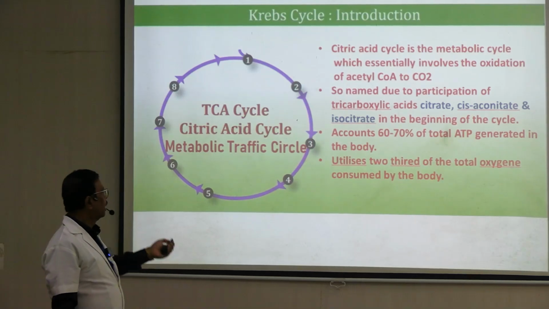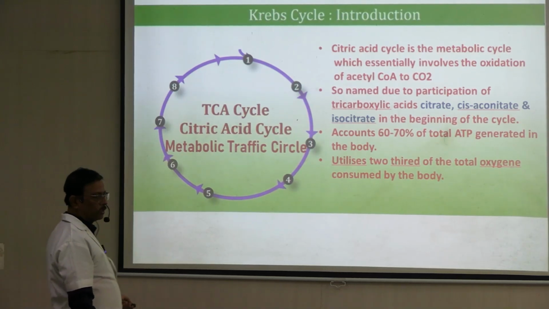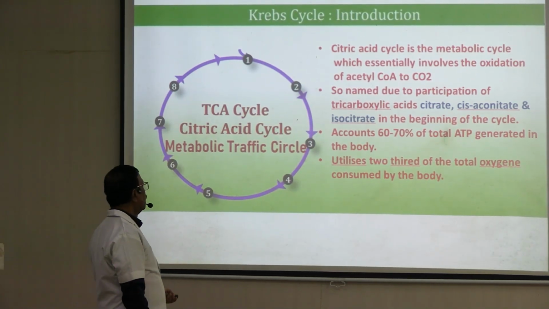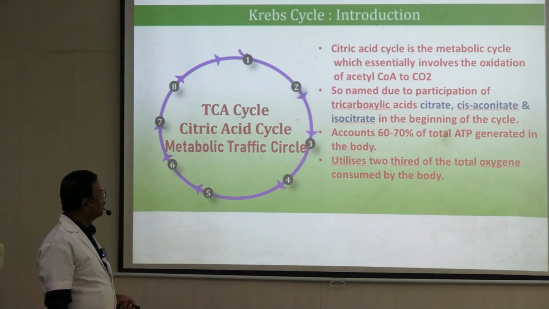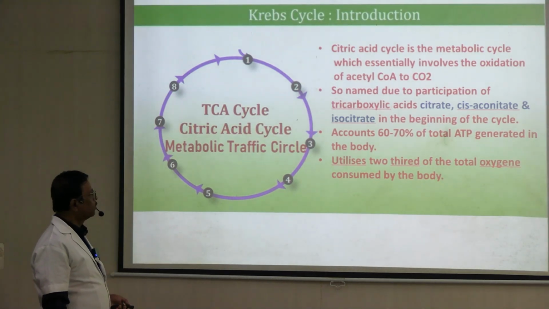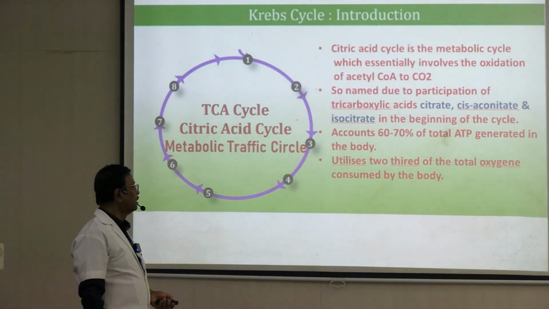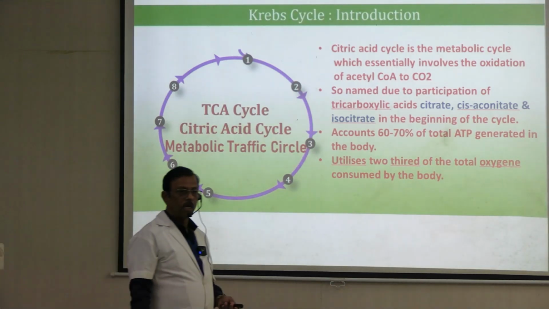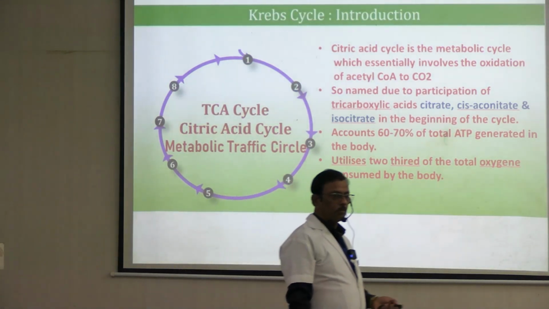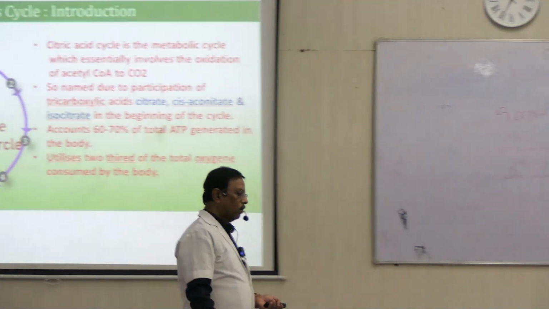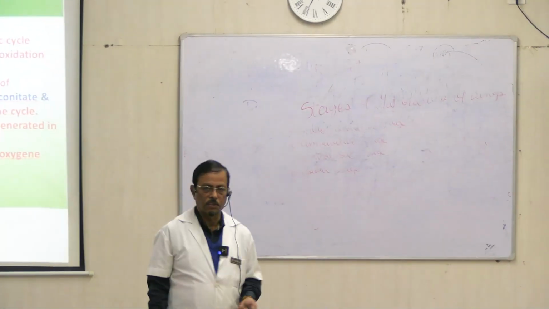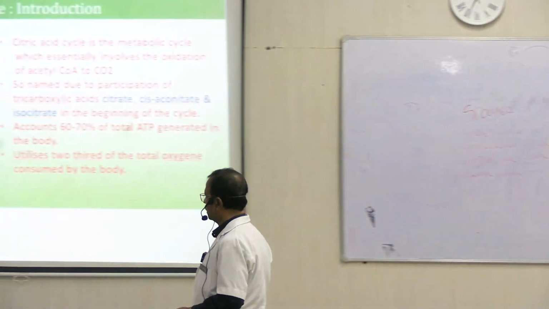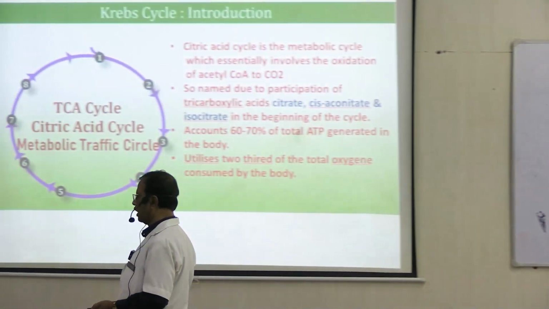From these, they have given the name tricarboxylic acid cycle. It accounts for about 60 to 70% of the total ATP generated in the body. Some amount of ATP is generated at substrate level, but the TCA cycle contributes 60 to 70%. This is the major pathway of energy generation.